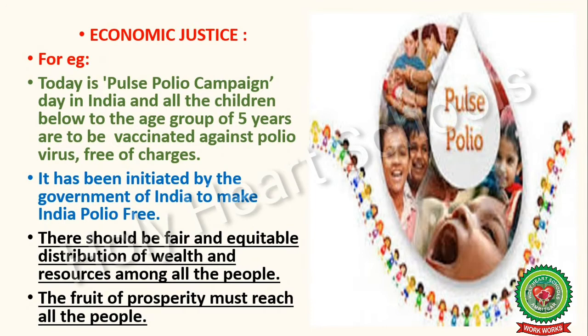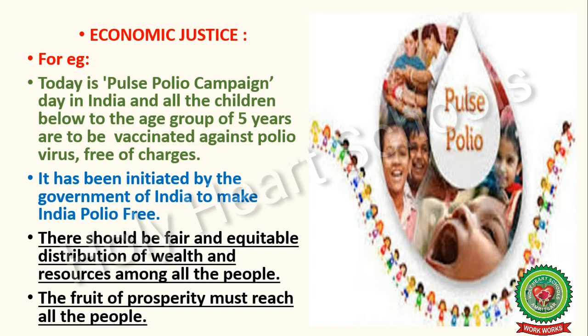Now, another example of economic justice is, today is a Pulse Polio campaign day in India, and all the children below the age group of 5 years are to be vaccinated against the polio virus, free of charge. You know, when there is a Pulse Polio campaign in India, the children below 5 years are vaccinated and there are no charges for it.